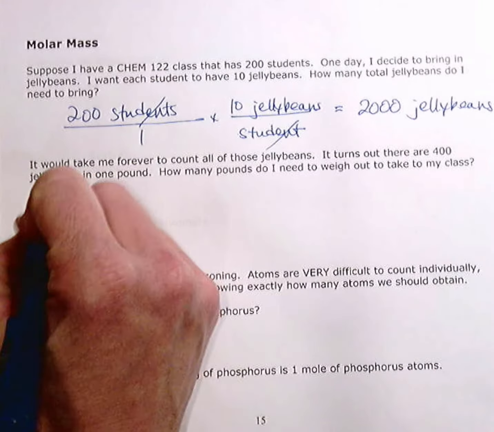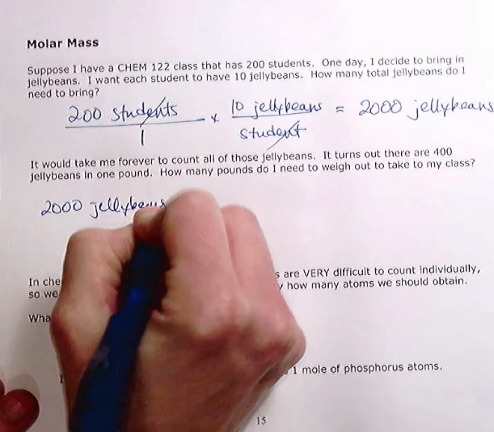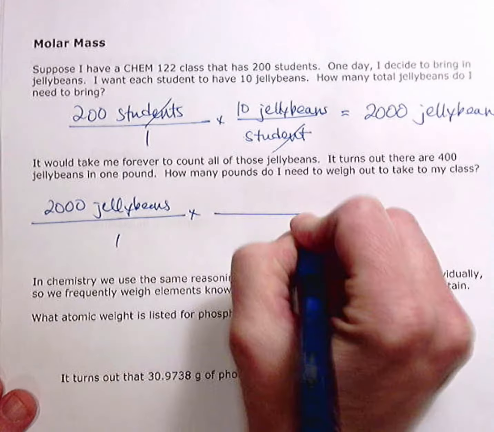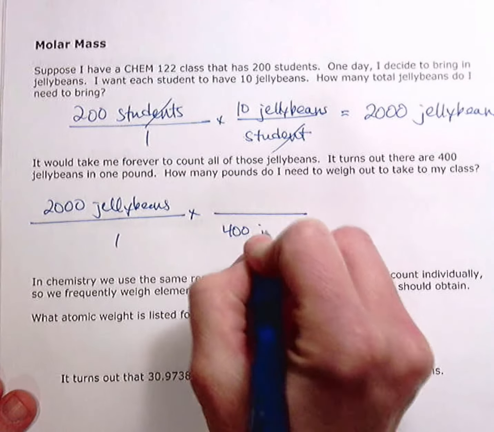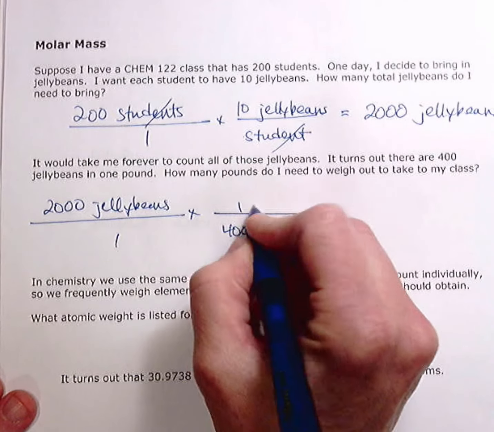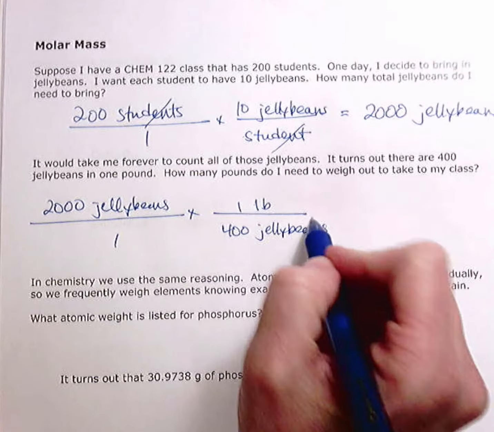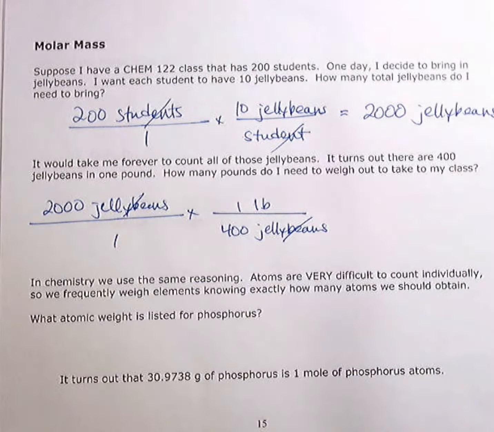So if I want 2,000 jelly beans, and there are 400 jelly beans in 1 pound, I can figure out how many pounds of jelly beans I need to weigh out instead of counting them out, because my students wouldn't want me to count them out, right?